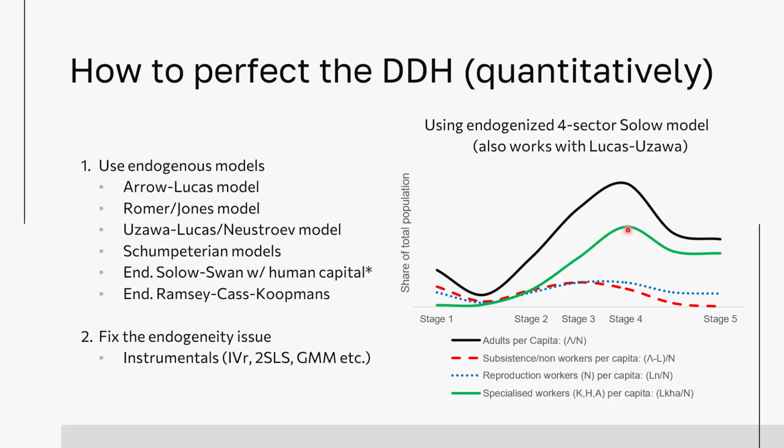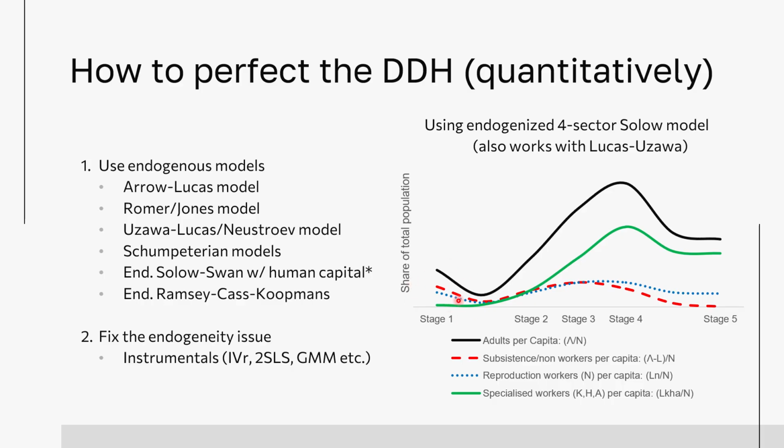But effectively, what you want to synthesize are these variables here, right? You want to show that in the early phases of the demographic transition, you have a large ratio of subsistence farmers or non-workers per capita, as well as reproduction workers per capita. This is the Malthusian epoch of sorts.